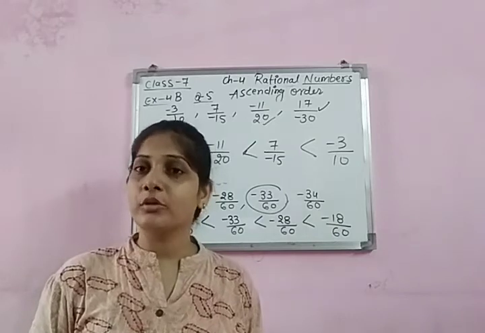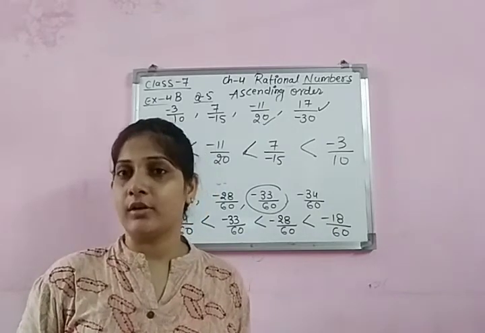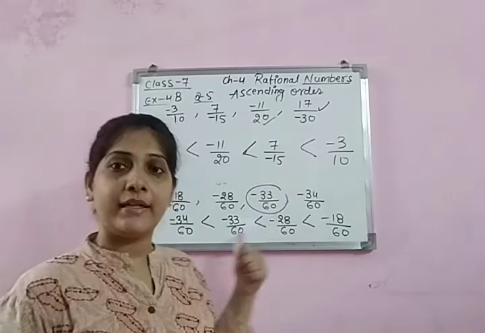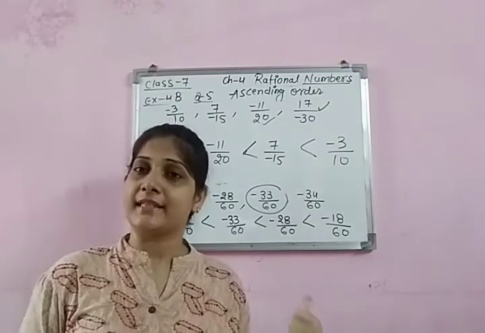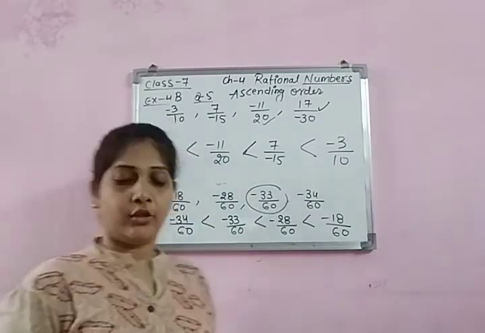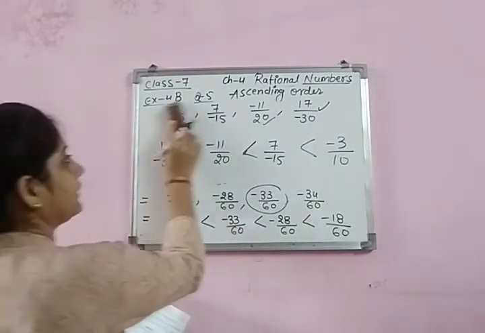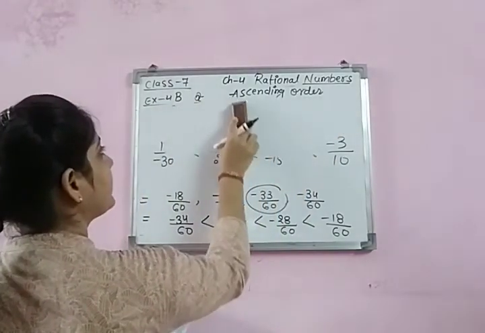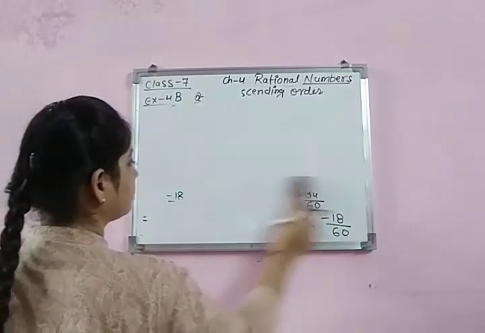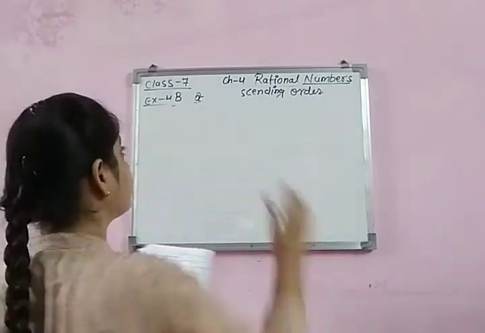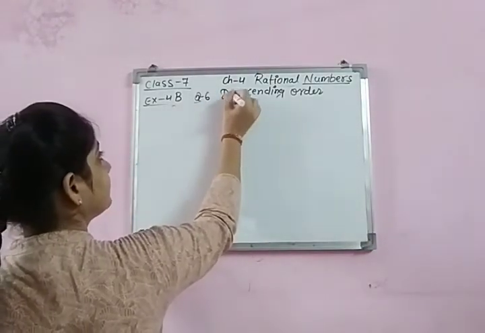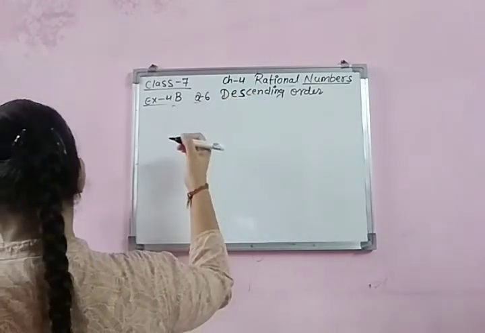So let's do one more question, which is a descending order. The procedure is the same, only in the last, instead of writing in ascending, we will write in descending order, from bigger to smaller. So it is question number 6. Descending order.